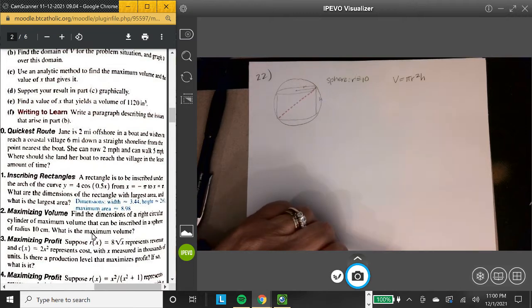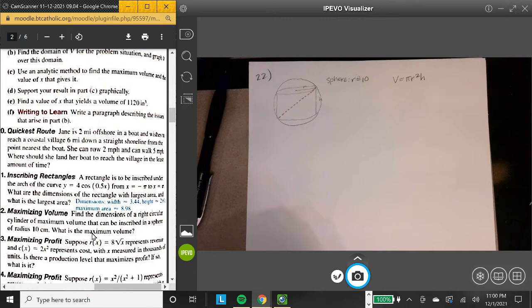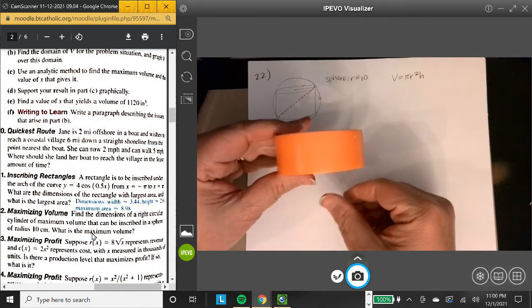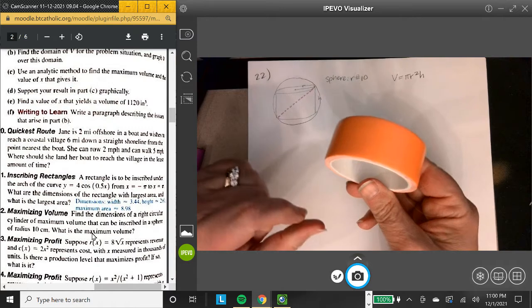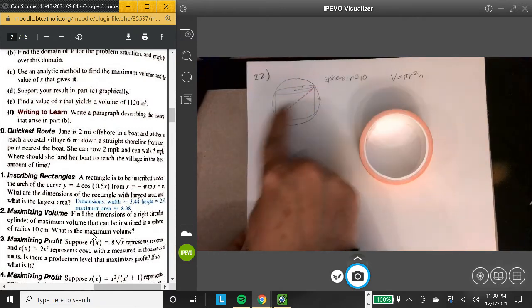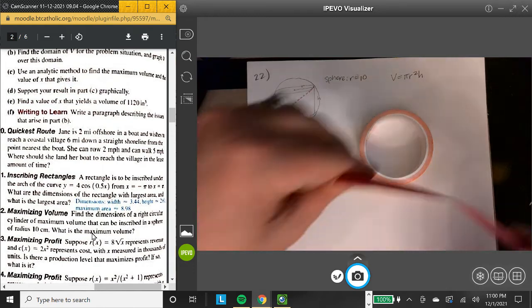Now, how do I show you that on paper? Well, let's pretend that my tape here is a cylinder. Do you agree that this is a cylinder? Yeah, that's a cylinder. And there's a triangle sitting in there somewhere.